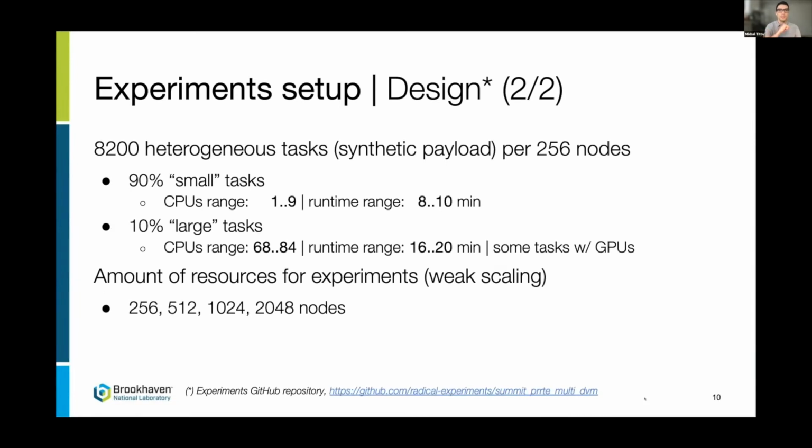And here is the description of the workload that we got. We came up with 8K heterogeneous tasks for each 256 nodes, and the tasks were split into two groups. The majority of the tasks are really small tasks, up to nine CPU slots.